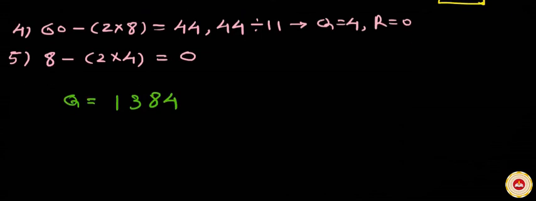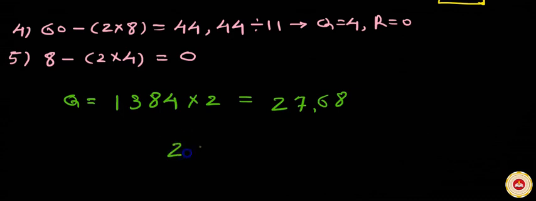So let us multiply 1384 by 2, which gives us 2 4s are 8, 2 8s are 16, 2 3s are 6 plus carry 1 is 7, and 2 1s are 2.